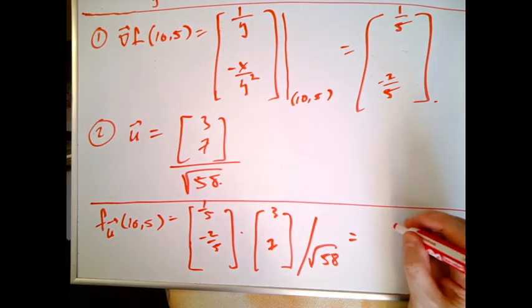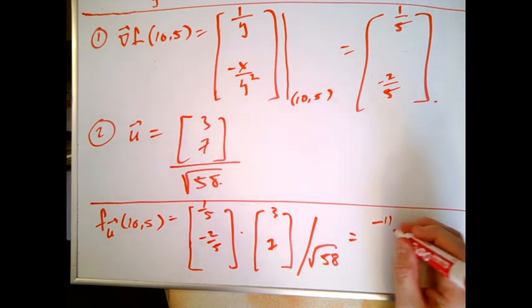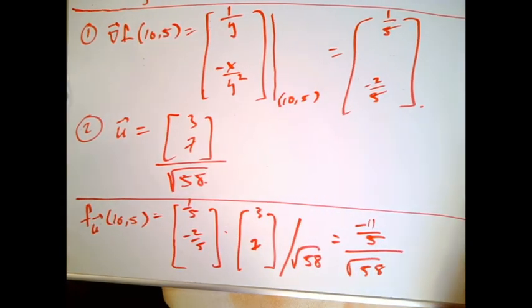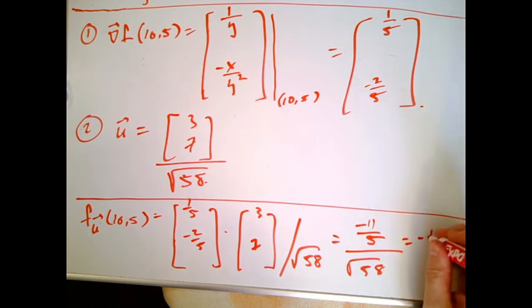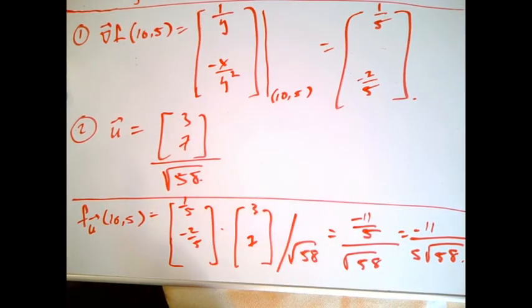I think that's minus 11/5. So we just dotted the two vectors, and now we divide by the square root of 58. And if we want, we can write that a little shorter. Not a whole lot more helpful. Minus 11 over 5 times the square root of 58, like that. Now the square root of 58 is like 7.5, 7.6. So the bottom is roughly 35. So this is roughly minus a third. So it's going down, but not too quickly. That's it. That's our example.